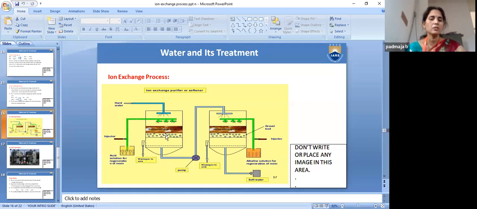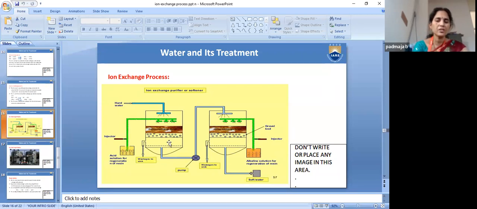So there are two layers: the first layer is the cation exchange layer, the second layer is the gravel layer. In the second chamber also, the first layer is anion exchange resin and the second layer is a gravel bed, for the support of the anion exchange resin.